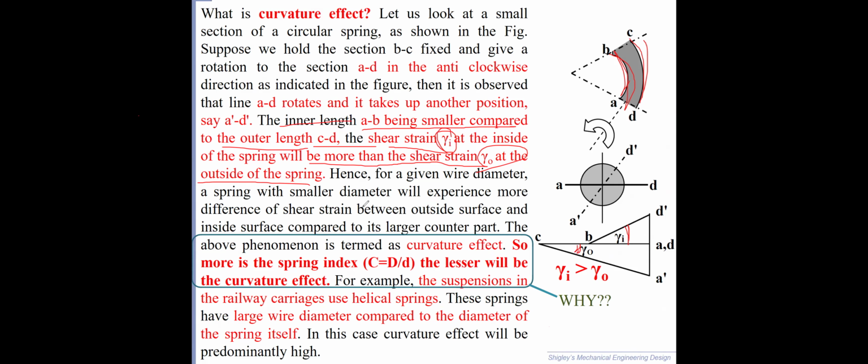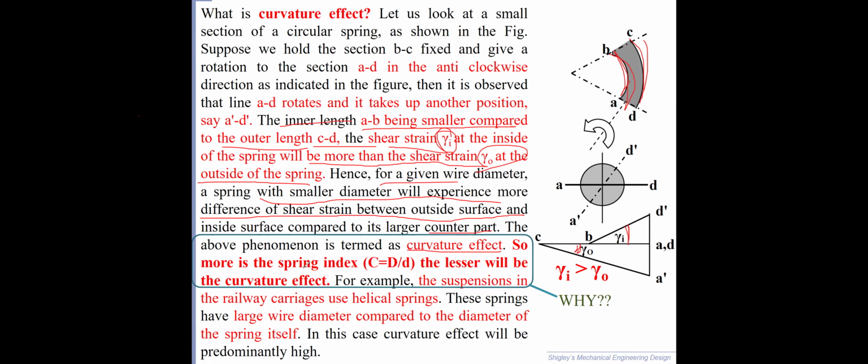Hence, for a given wire diameter, a spring with a smaller diameter will experience a larger difference of strain between the outside face and inside face compared to its larger counterparts. This phenomenon is termed the curvature effect.